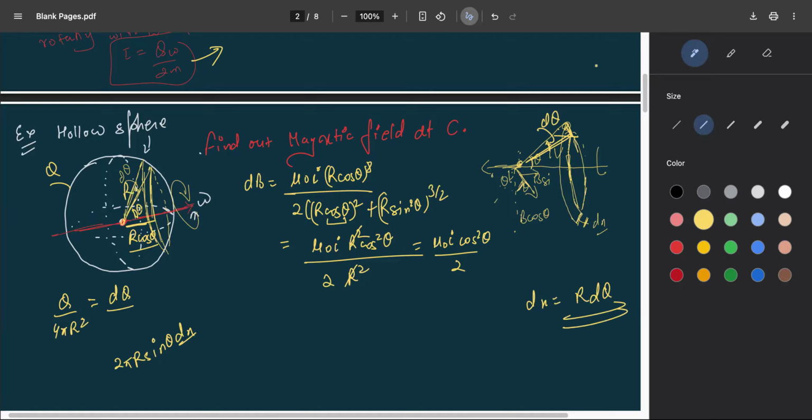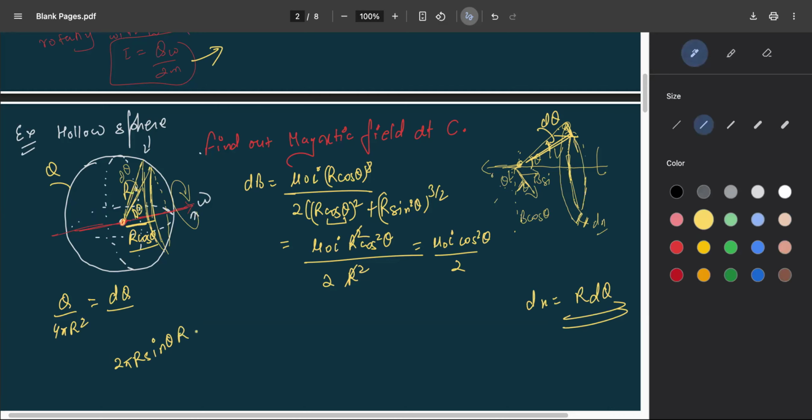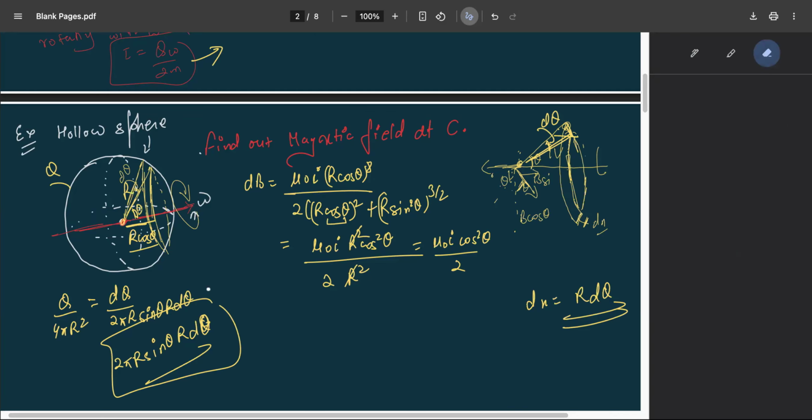So instead of this, you can substitute in this way. Go and substitute it. So you got r times d theta. Clear, Krishna? Yes. This is d theta. Okay, so this is 2 pi r sine theta, r times d theta. This is the area of this composition.